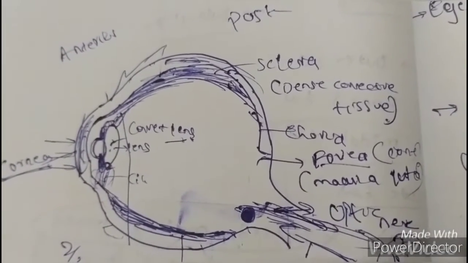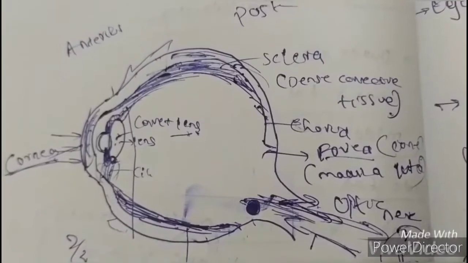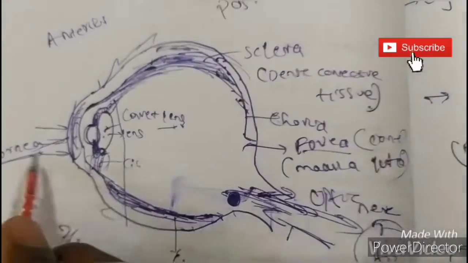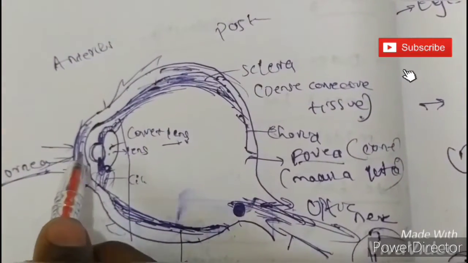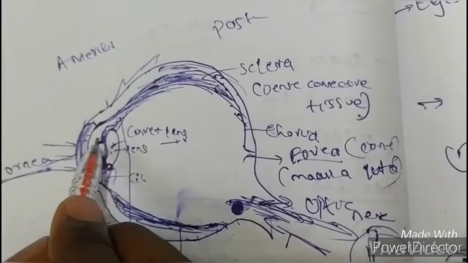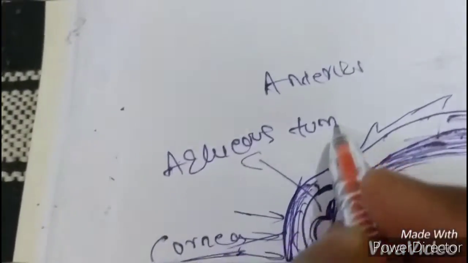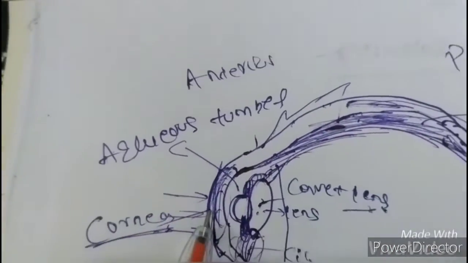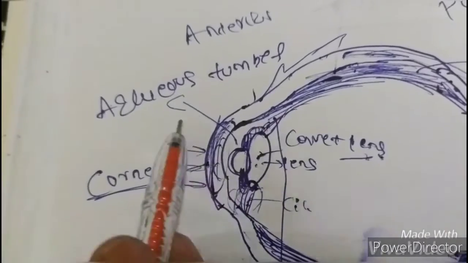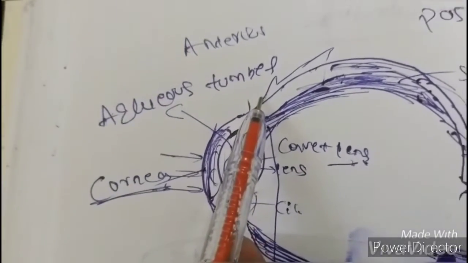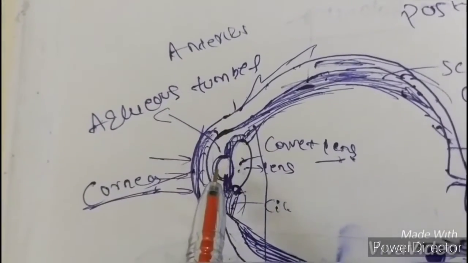Now let us look at the liquid present in the eye. The space between the cornea and the lens is filled with aqueous humor, a thin watery fluid.